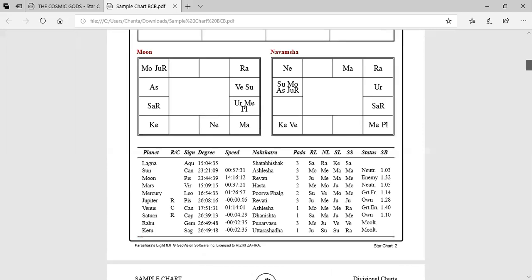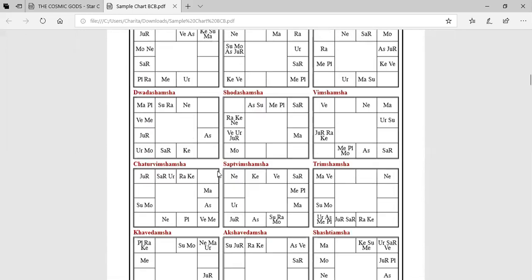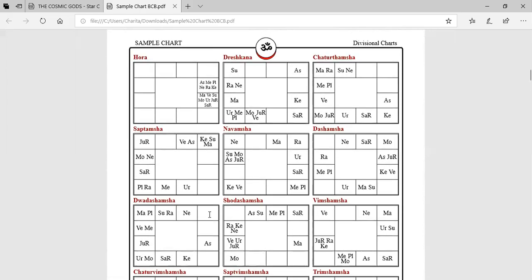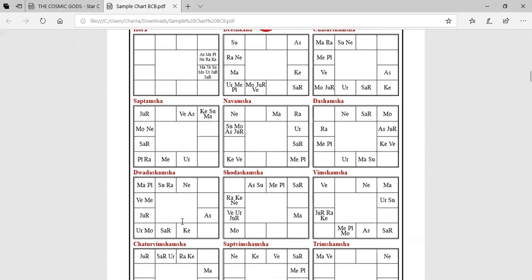Here you understand that the Navamsha chart is part of the divisional department. We have not got into all of those yet, so we will in another lesson. You understand what this key is about. Again, this sheet is about divisional charts, and your Mahadasha. In future lessons, we will explore all of this.